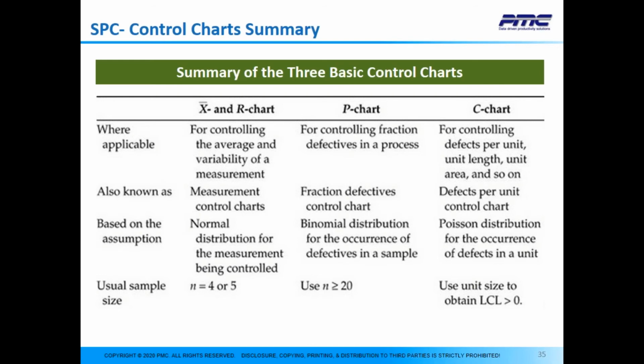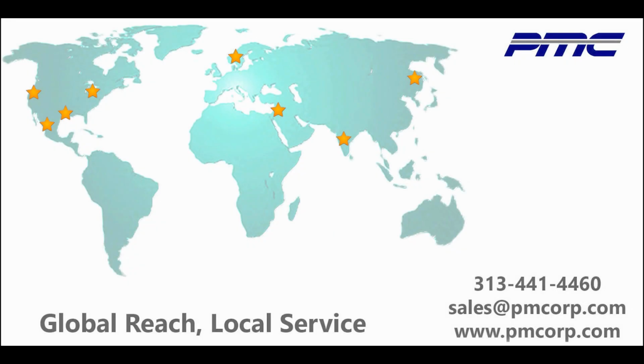The C chart is for controlling defects per unit, or unit length or unit area and so on. It's also known as the defects per unit control chart, based on the Poisson distribution for the occurrence of defects in a unit. Use the unit size to obtain a lower control limit greater than 0.